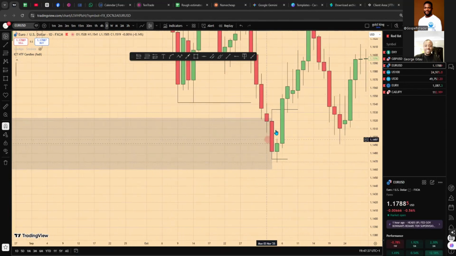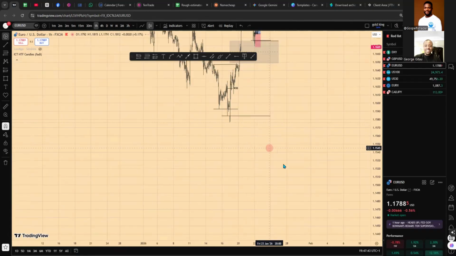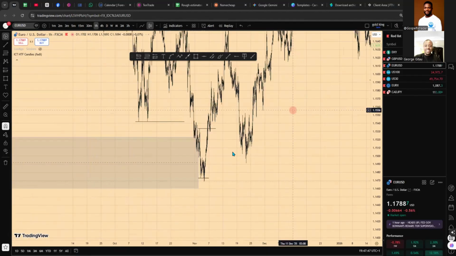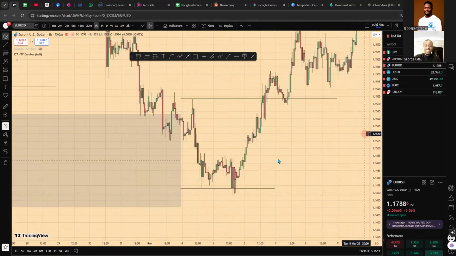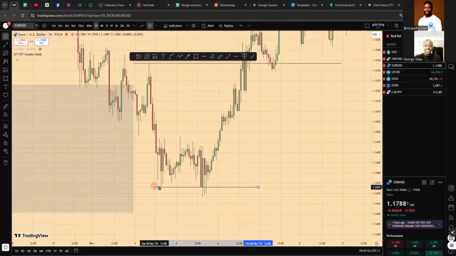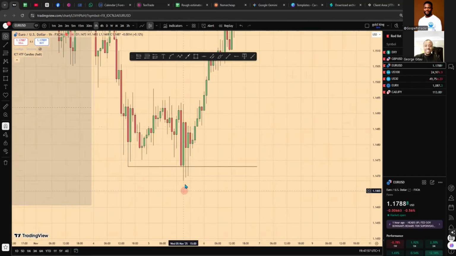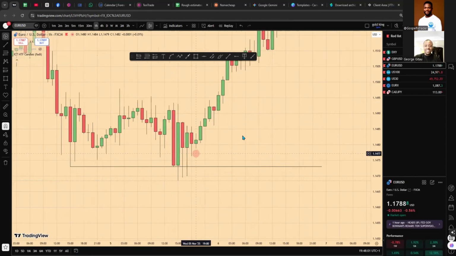But how would we have gotten an entry from here? We can go to the 1 hour time frame, somewhere around this zone. You notice that this was the CRT low, and price traded down and took out the low, and we are looking for a close above the last bearish candle. Which one is the close above?